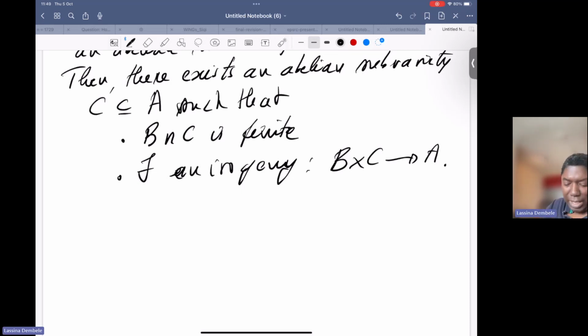Okay, so granted the theorem, we have the following definition.